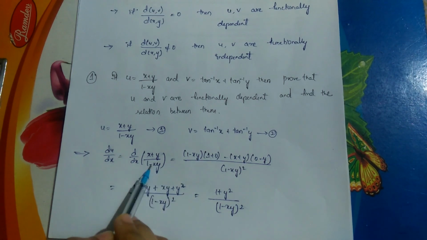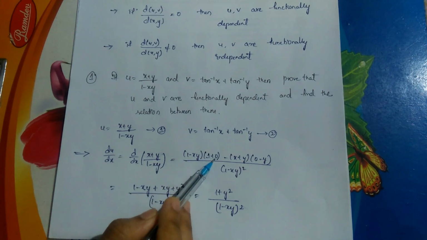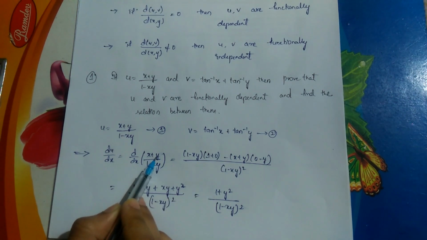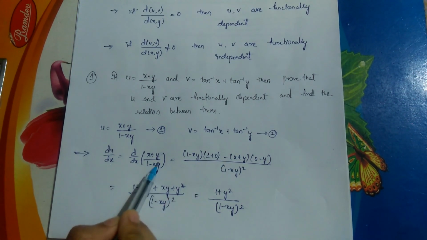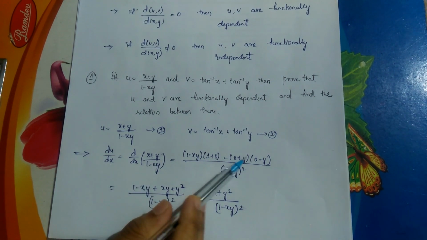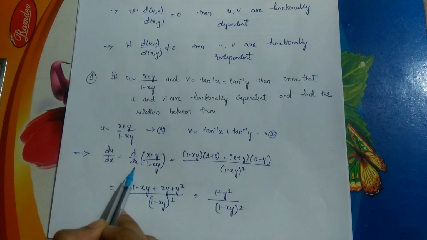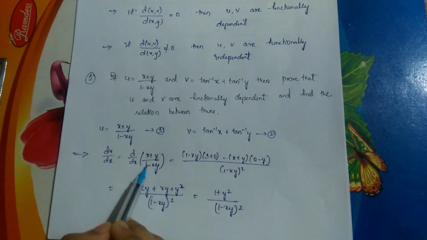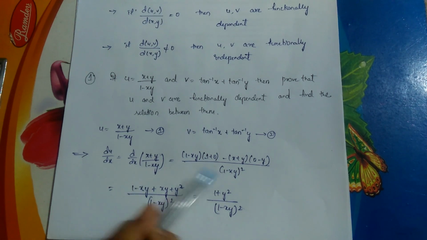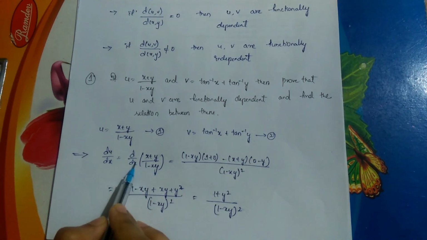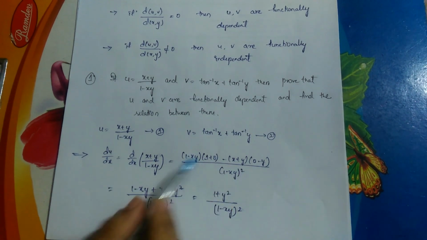So here (1 minus xy) into (1 plus 0) and minus, now x plus y is treated as constant and the denominator term is differentiated. So (x plus y) into (1 minus xy) is differentiated with respect to x. So here 1 constant differentiation is 0 and minus xy differentiation with respect to x is minus y.